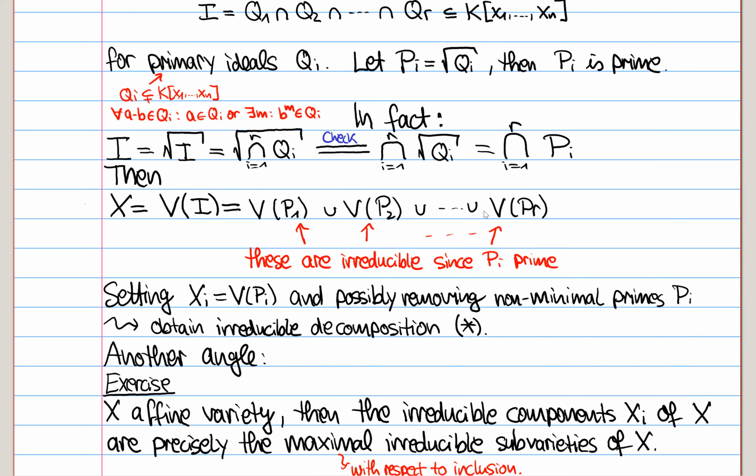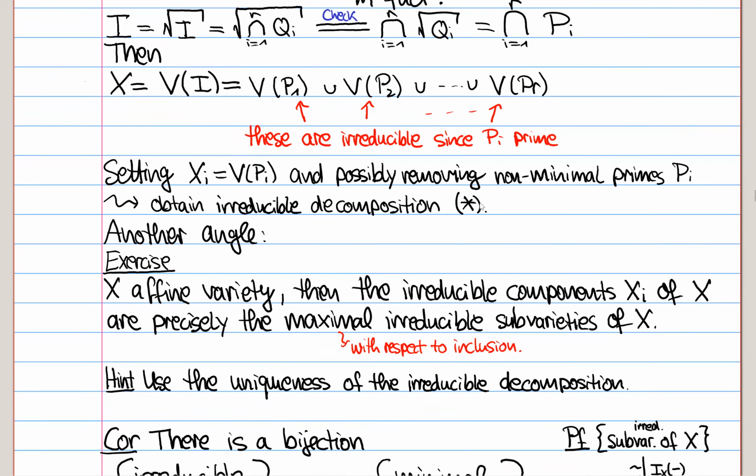And another angle which you can have is that when X is an affine variety, you get a second description of the irreducible components Xi of X, because these are precisely the maximal irreducible subvarieties of X. Maximal here again with respect to inclusion. I give this as an exercise.